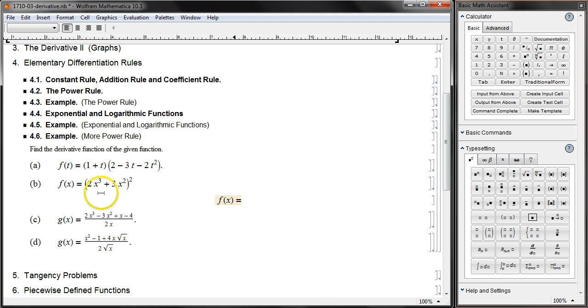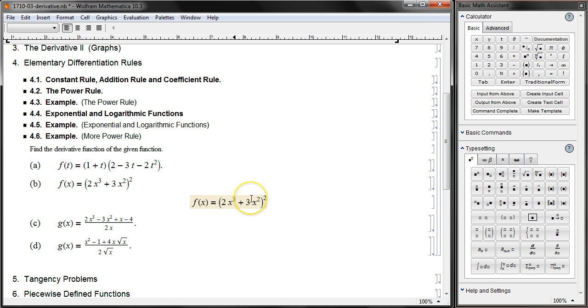Again, the same deal. If we expand it out, then you'll be able to apply those power rules one at a time. This is a complete square, so you can FOIL it.